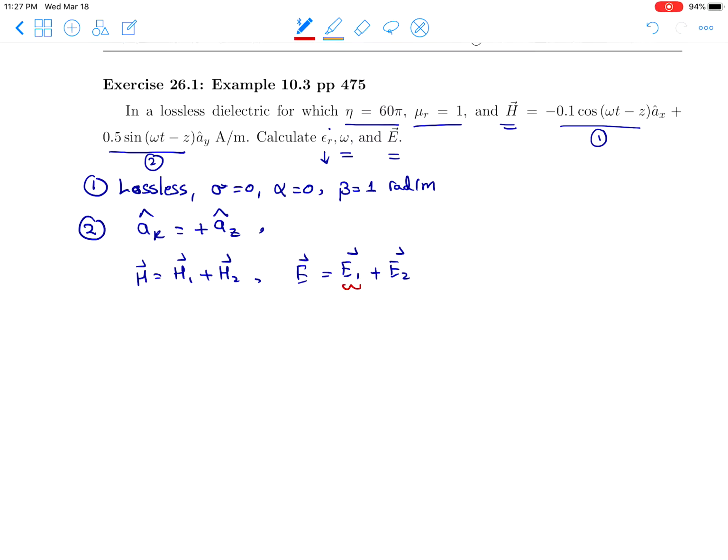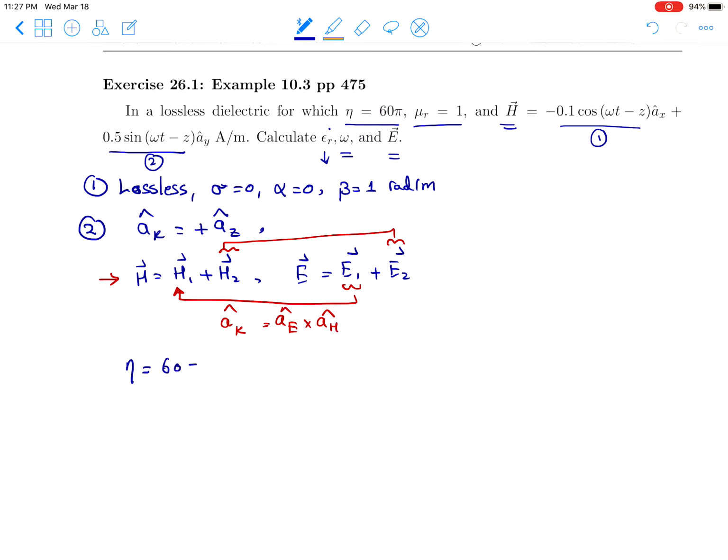The first component of the electric field has a direction that follows this formula. Similarly, the second component will follow the exact formula here. So we'll use this fact when we determine the magnitude and direction of the electric field. But let's start with determining the relative permittivity.